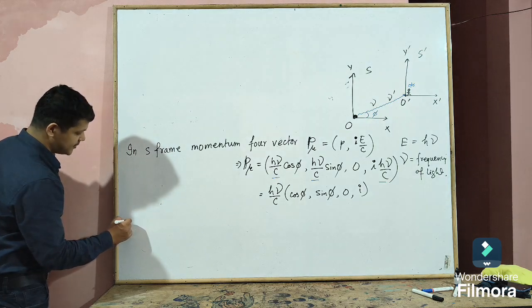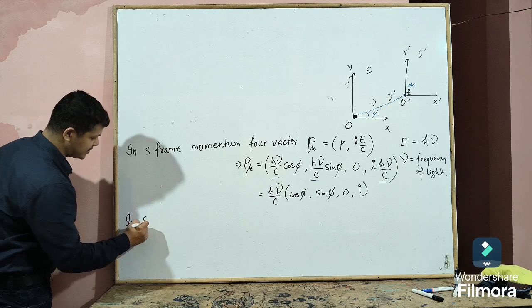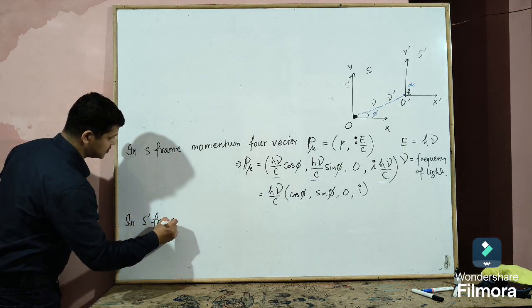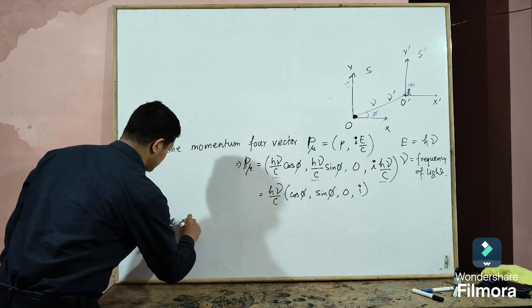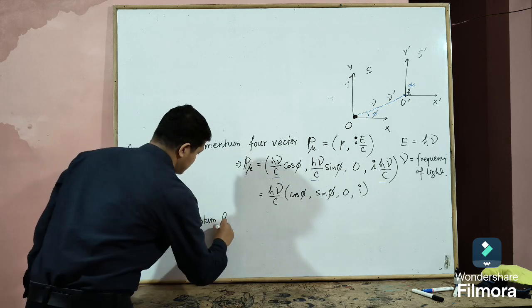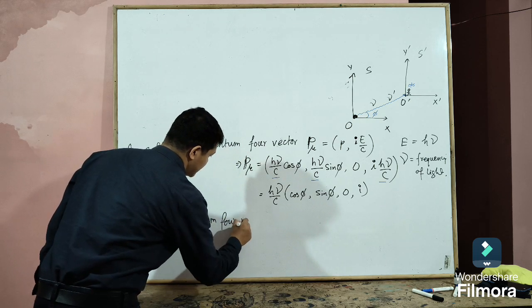Let me write here. In S dash frame, momentum 4 vector.